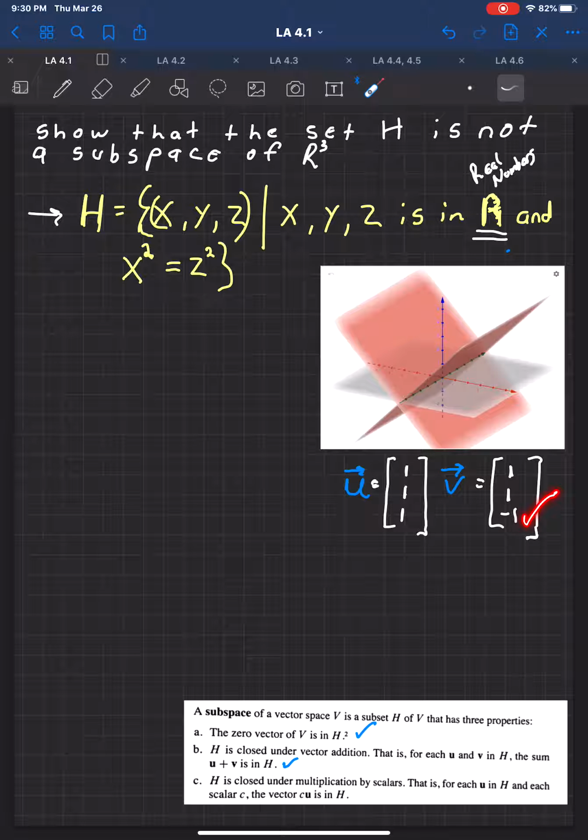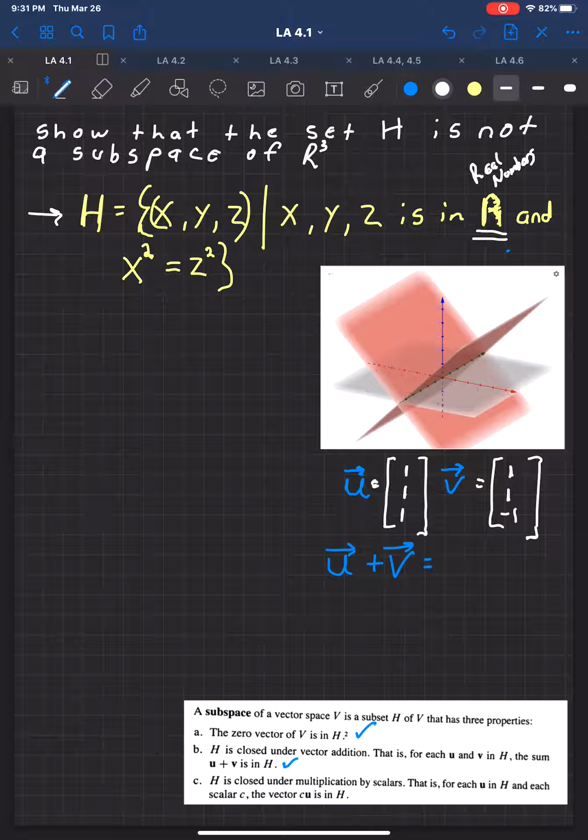Z would be negative 1, and negative 1 squared is also 1. So do you see how U and V are definitely somewhere in this shaded region? Now that's great, except that's not how you show that it's closed under addition. To show that it's closed under addition, we have to take a look at what U plus V looks like, because U plus V must also be in this shaded region.